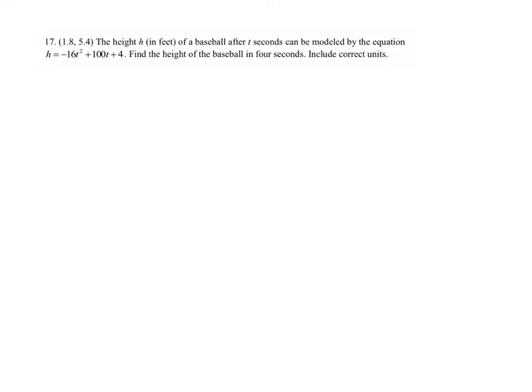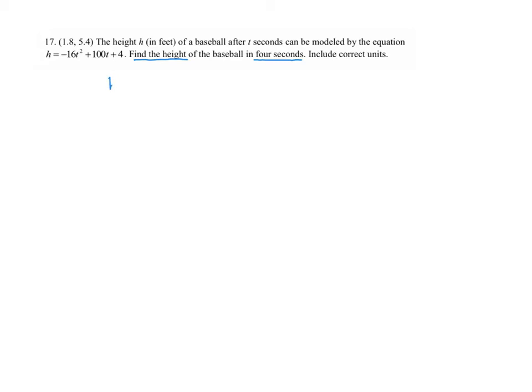We want to find h when t is 4 seconds. So notice this is not one of those ones that we have to solve for t. We're being given the t value. So be very careful on this problem. Most students miss it for that reason. All we want to do is plug in 4 for t and simplify.